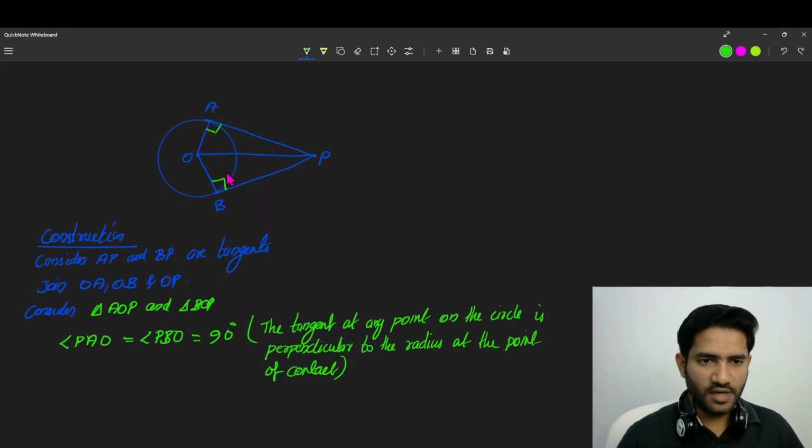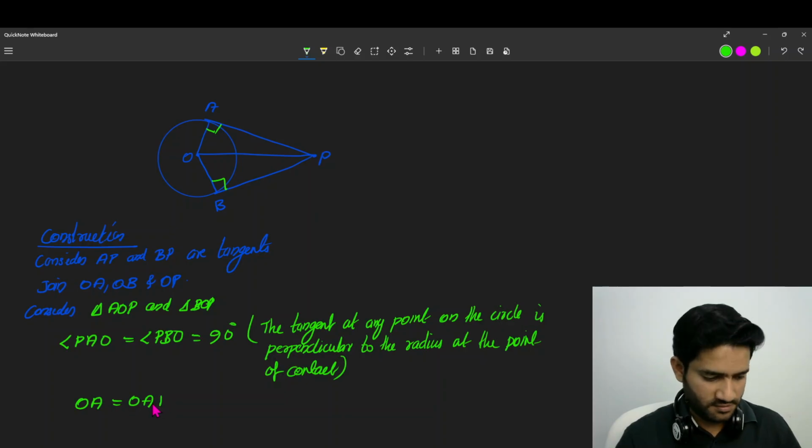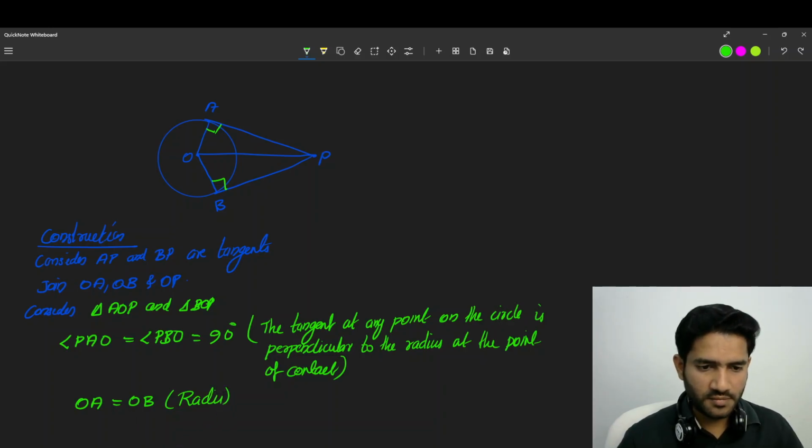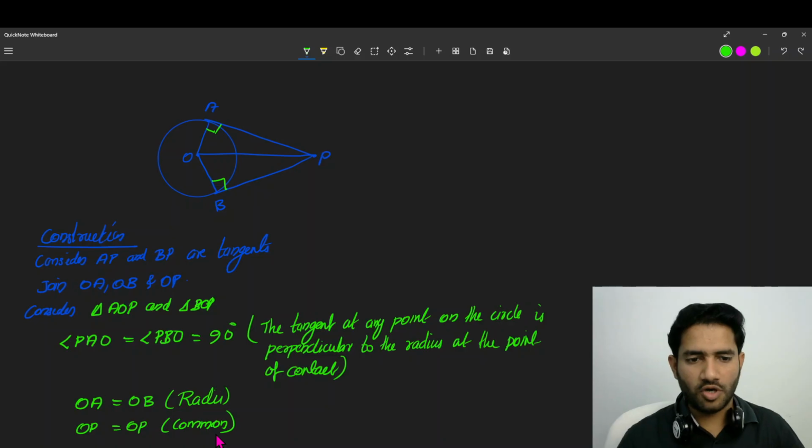So we have OA equal to OB, because they are radii. And more than that, we have a common side OP. Obviously common.